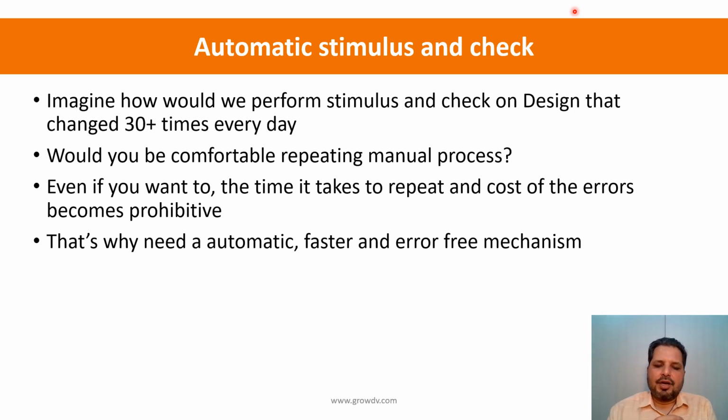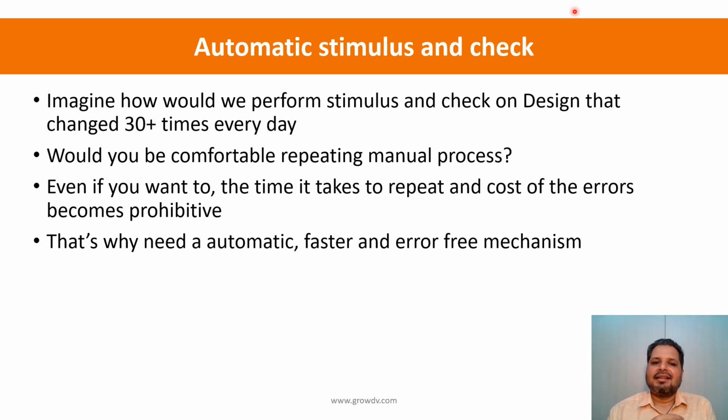Because if we repeat it manually, first, it takes a lot of time, and the second thing is that anything that we do manually is highly error prone, right? And if different people have to repeat it, there may not be consistency in the way the process is done.